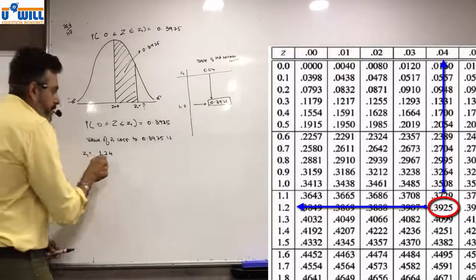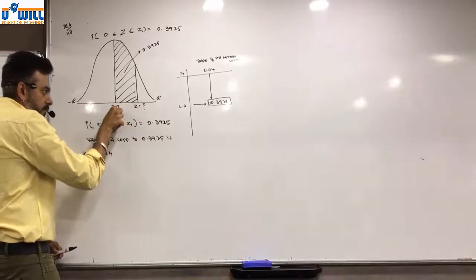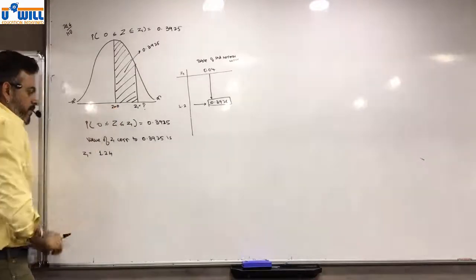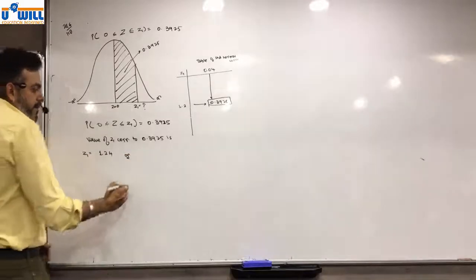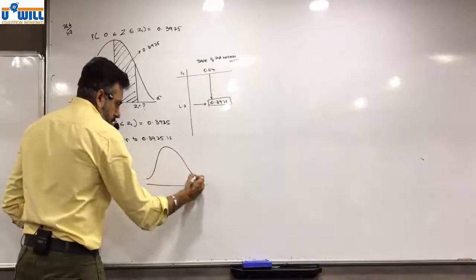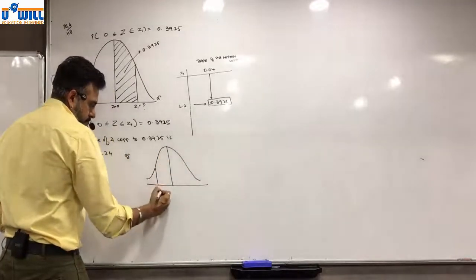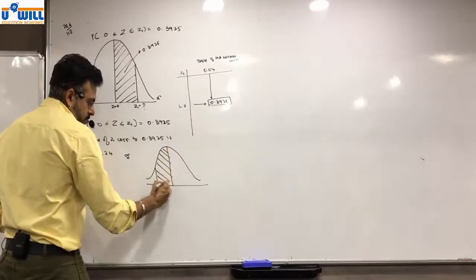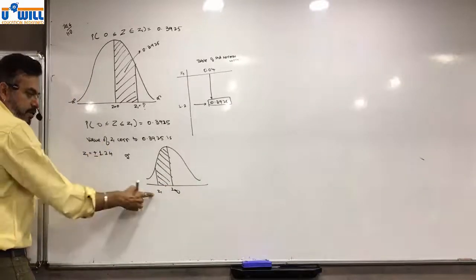But this 0 to 1.24, can I say it will also be equal to minus 1.24 to 0? So it can be this, or if we take Z1 as negative, then it will be plus or minus.